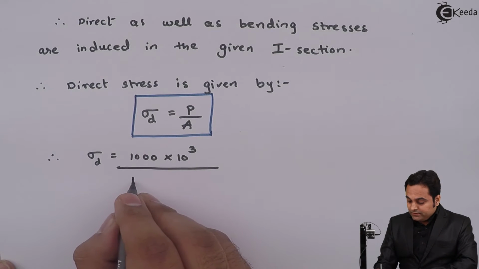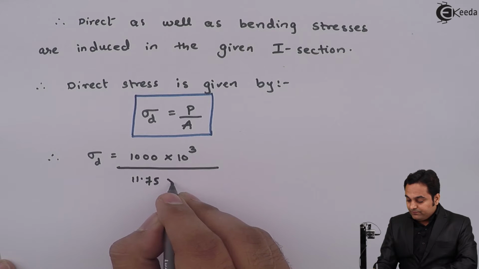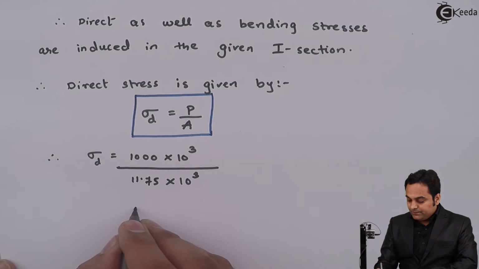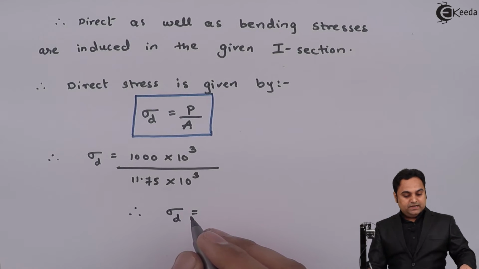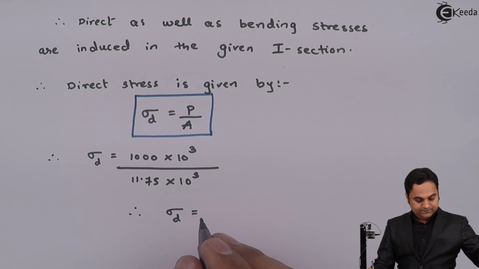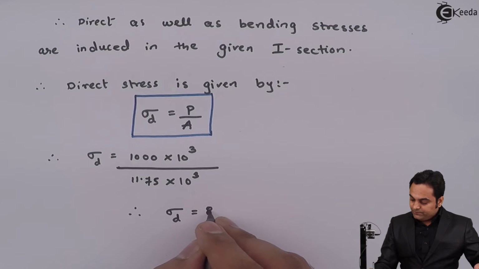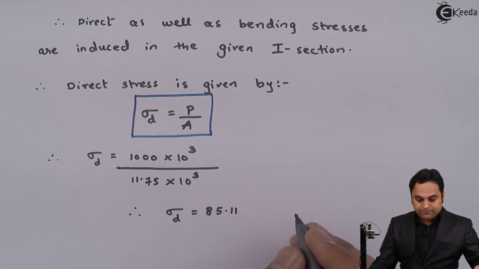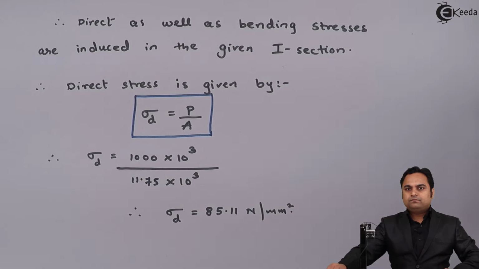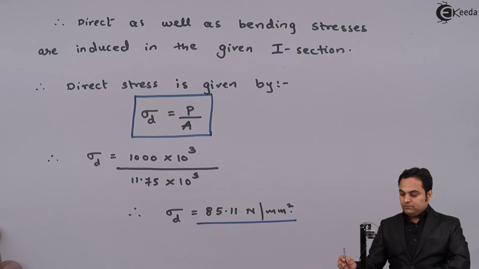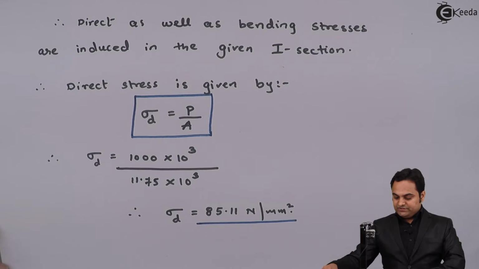Area is 11.75 into 10 raised to 3. So from this we get the value of direct stress, and my answer is 85.11 Newton per mm square. This is the value of direct stress.